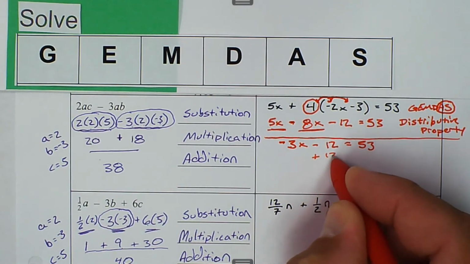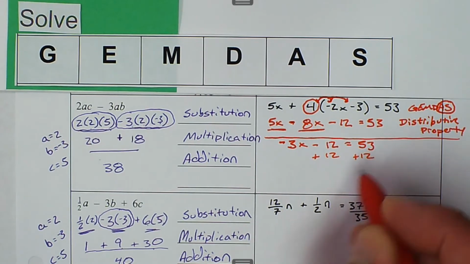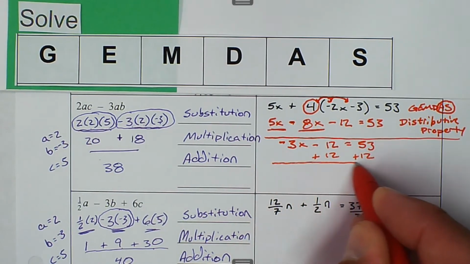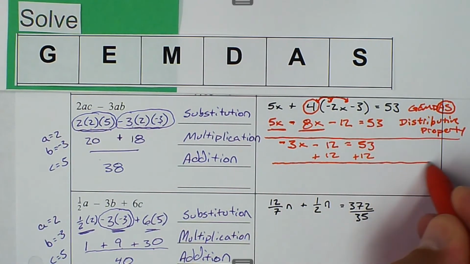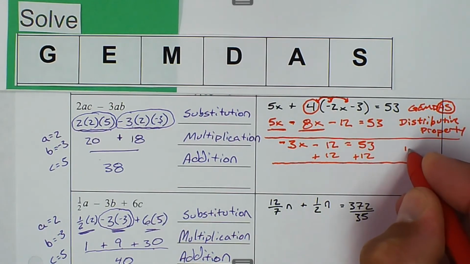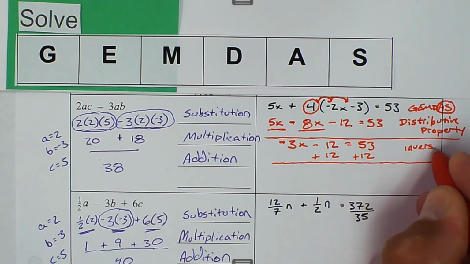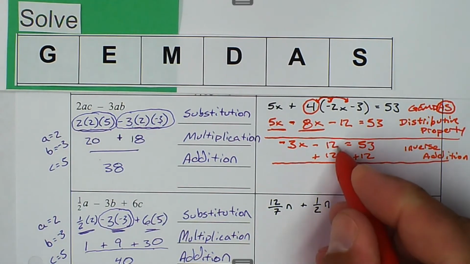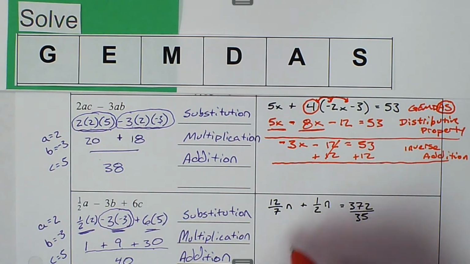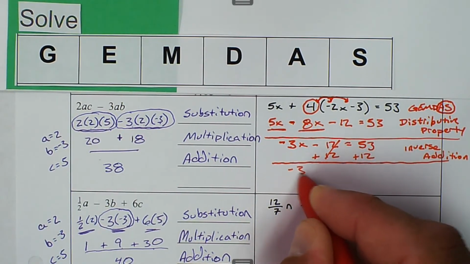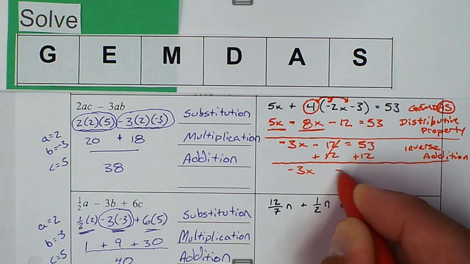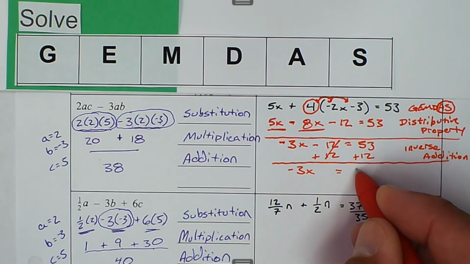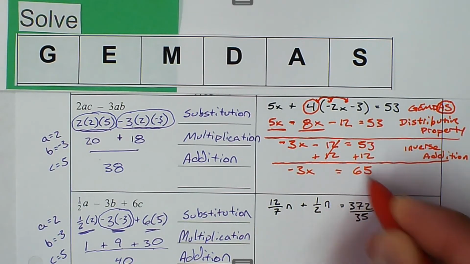So here I can add 12 to both sides of the equal sign, and that is going to be inverse addition. And then the negative 12 and the 12 cancel, and we're left with negative 3x is equal to 65.